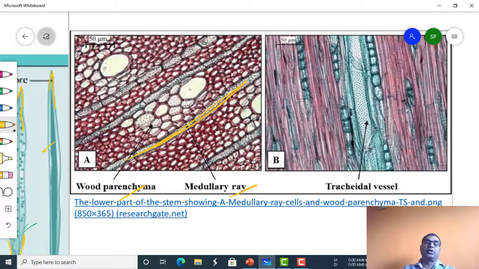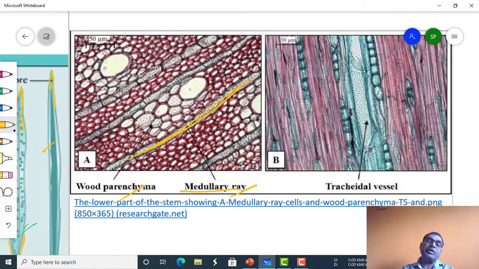xylem portion. When secondary growth takes place, the secondary medullary rays which are present in the xylem are generally considered as xylem rays.